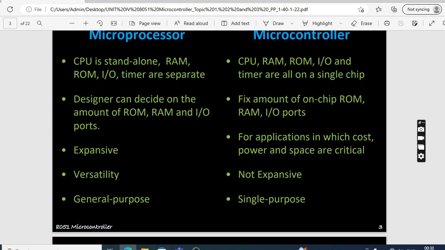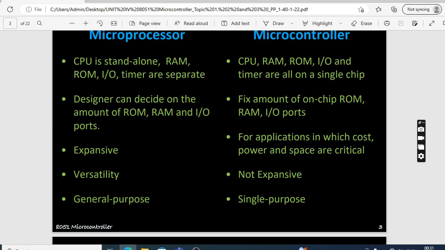As they are kept separately in a microprocessor, the amount of data we are going to use is more convenient than in the 8051 microcontroller. Similarly, when we go for a microcontroller, we cannot have this flexibility, but at the same time we can provide a fixed amount of RAM as well as ROM.